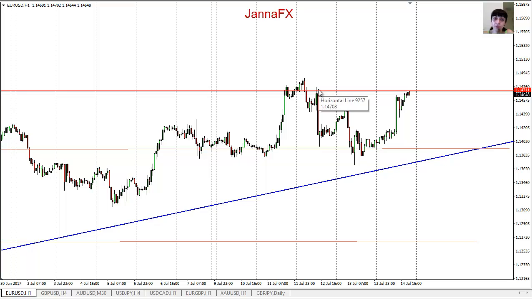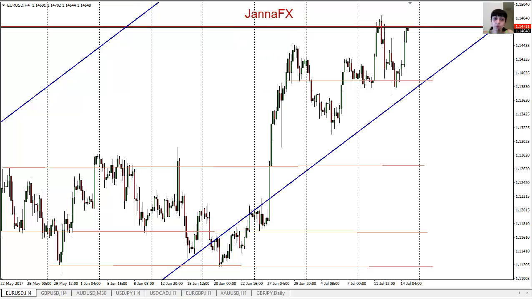There was nothing good, so I decided not to do anything, and then it came back here and turned around, and we had some news on Friday. I also didn't really like how euro prepared for the news, so I left it without going for any other trade.